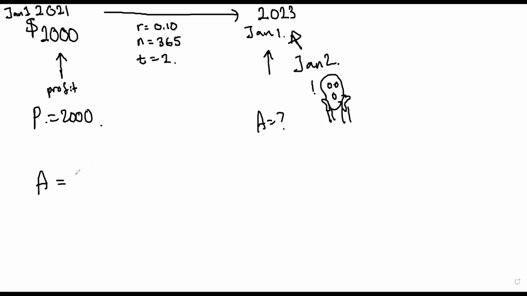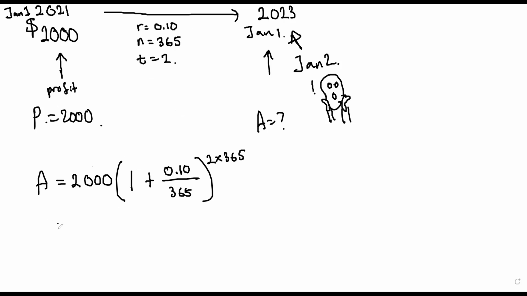A equals 2000 bracket 1 plus 10% divided by 365, to the power of 2 times 365. Someone work that in the calculator for me. I just made this question up, so you might have to confirm my answer with me in case I make a mistake.